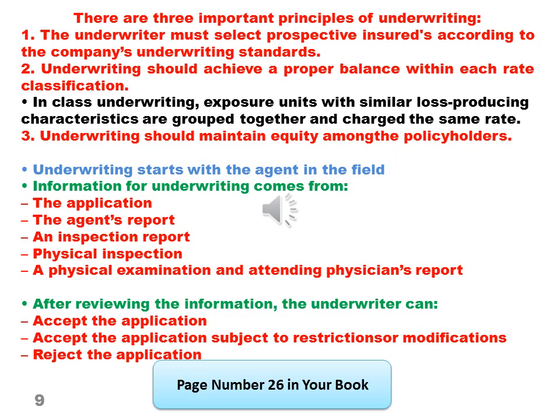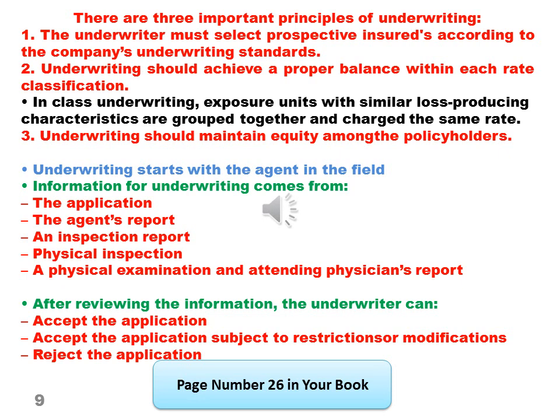What is the meaning of company underwriting standards? The company underwriting standards must be related to the law of large numbers. If there is no exposure unit faced by the law of large numbers, your offer must be neglected. The underwriter must select prospective insureds according to the company's underwriting standards.